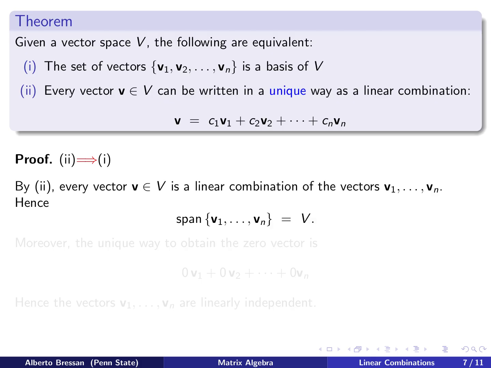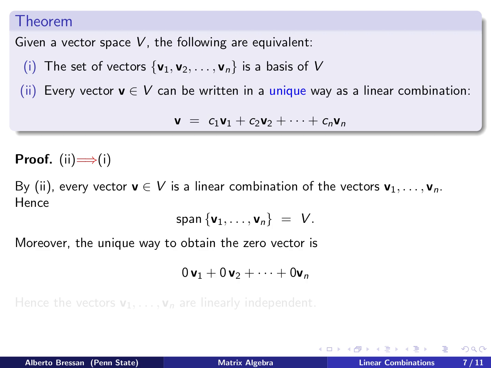First we want to show it spans. That is easy to see because from this statement, for every vector V, you can find a linear combination for it using these vectors. Therefore, the span of V1, V2, up to Vn is the space V.